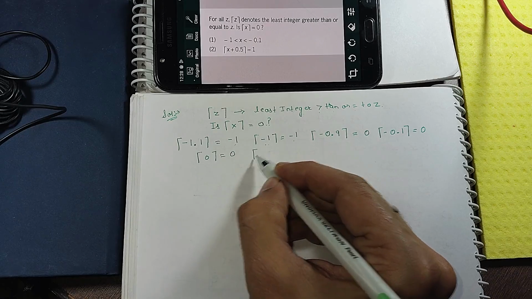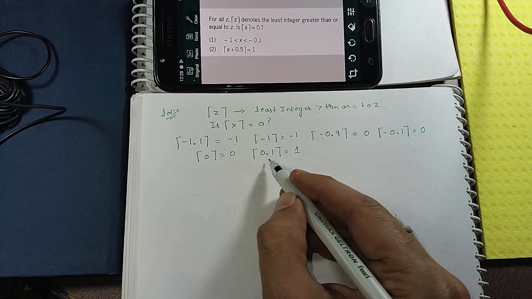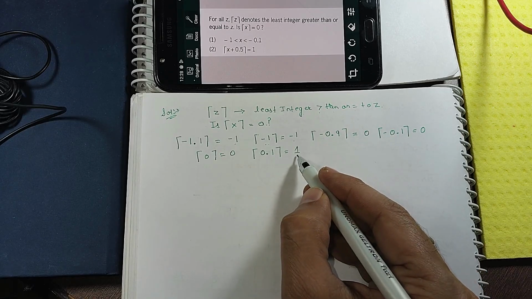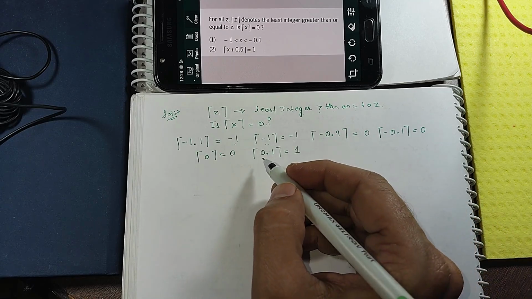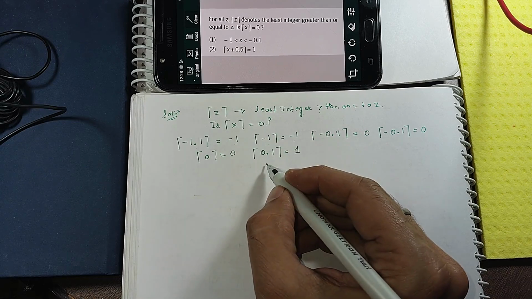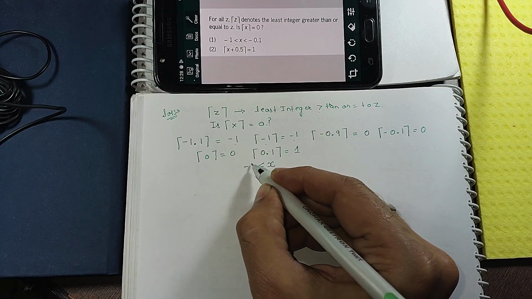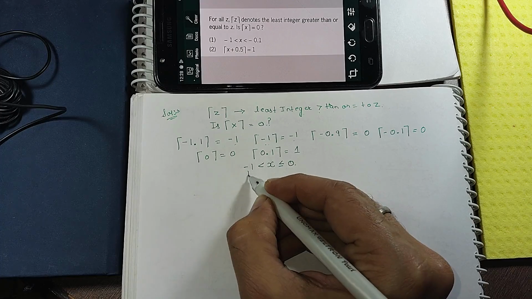and for plus 0.1 it will be equal to 1, because now the least integer is 1. So from these examples I can deduce that is x equal to 0. Basically I need to find whether x is greater than minus 1, less than equal to 0, right?